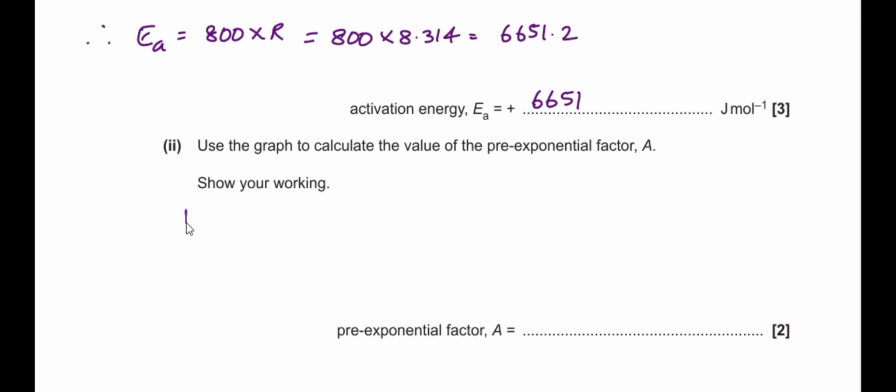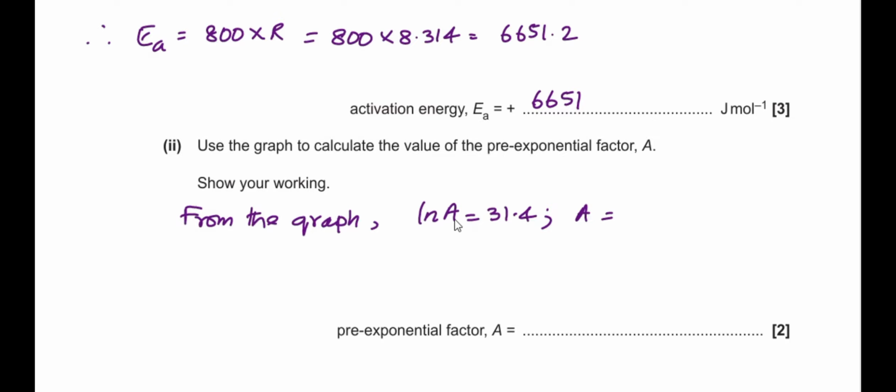So we could write here from the graph ln A equals 31.4, which means A equals, you know, the ln has got a base E here.